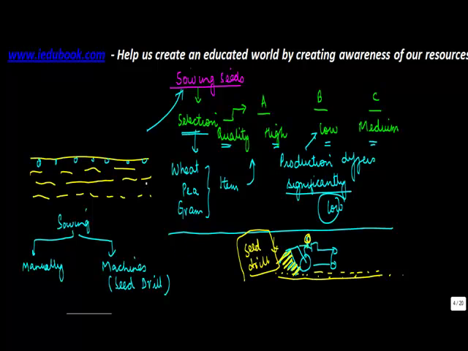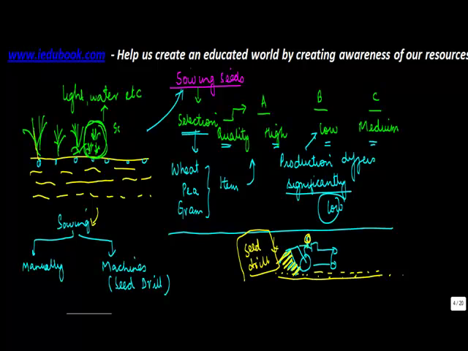Some of the factors that one should bear in mind as you are sowing seeds is that each of these seeds, as it grows into a plant, needs light, water, etc. So if they are very close to each other, let's say you have a plant here, a plant here, then a plant here, chances are that if the water and light are not available in sufficiency, some of them may die.